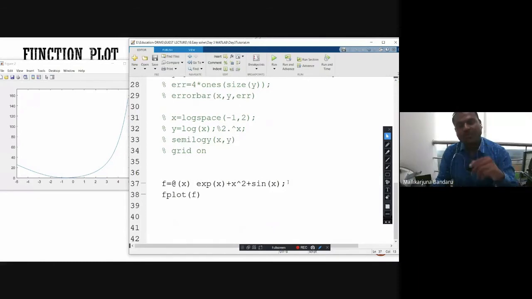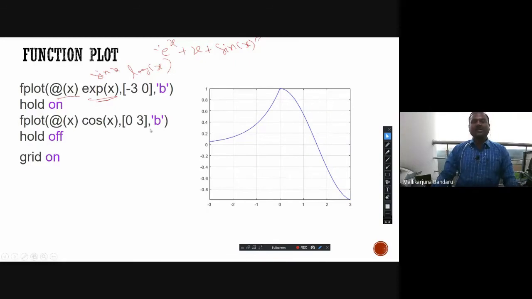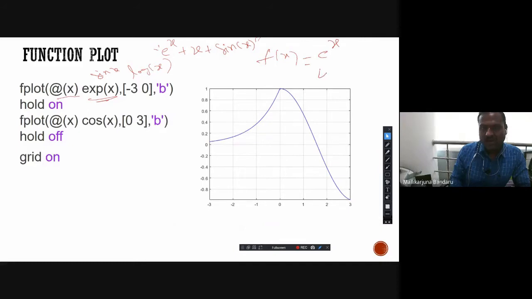How do you draw a function easily without assigning any x value? Okay, and see what the syntax is exactly. Observe here. Actually, the function is a piecewise function. You know what a piecewise function is? Nothing but a breaking function. f of x is equal to e power x and cos x.